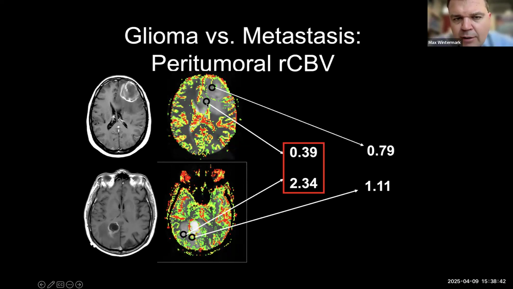But if you interrogate the area surrounding the enhancement, you'll see that, for instance, for that patient, the cerebral blood volume is actually not increased. And that tells you you're probably dealing just with vasogenic edema, supporting the diagnosis of metastasis.